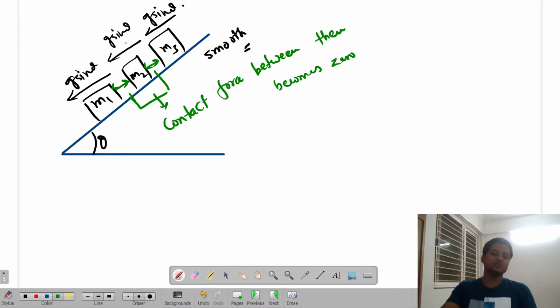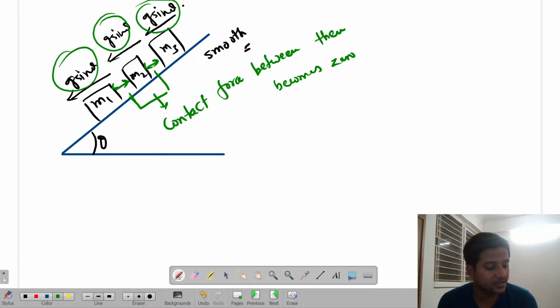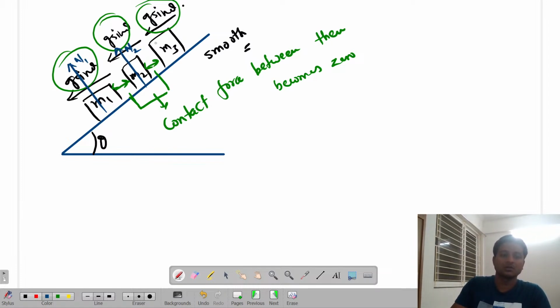Everyone is moving by their own acceleration. No one is trying to push anyone. Is this clear? So the contact force between them becomes zero. But has the normal become zero? No. For each and every block, there is a normal with respect to the surface. This is N1, this is N2, and this is N3.